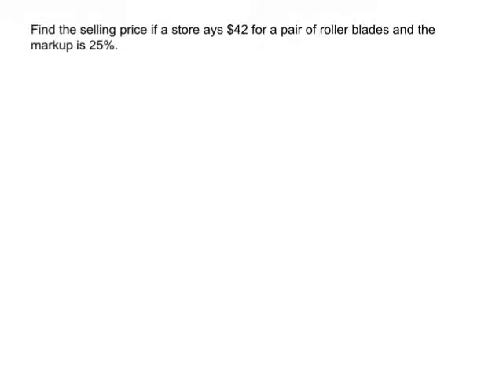We're going to find the selling price if a store pays $42 for a pair of rollerblades and we want to do a 25% markup. So the first thing we need to do is find what 25% of 42 is. So we're actually going to find the markup.